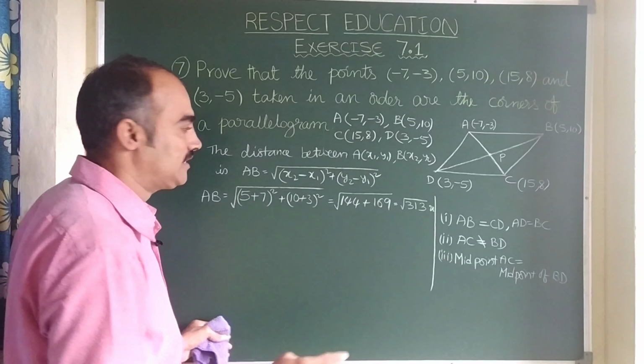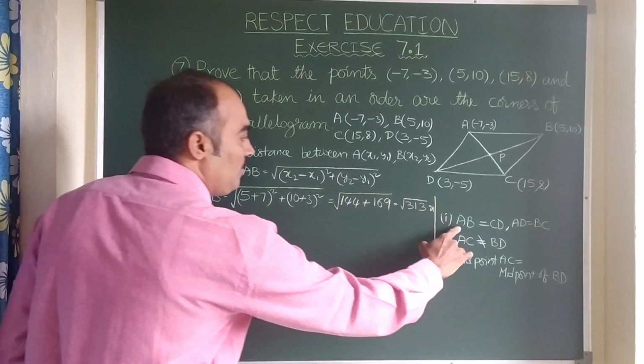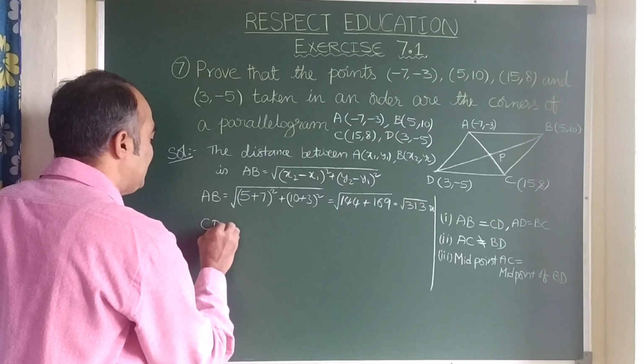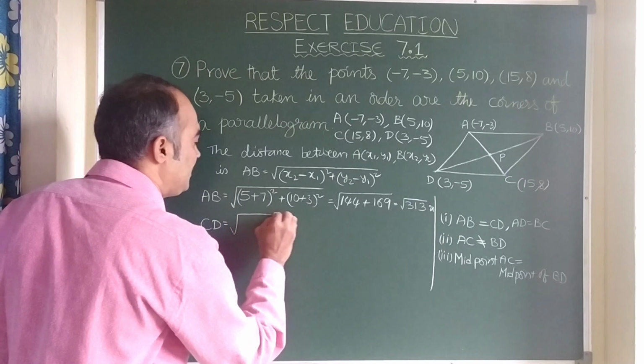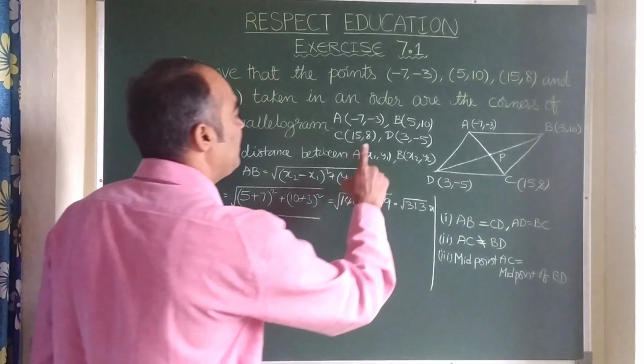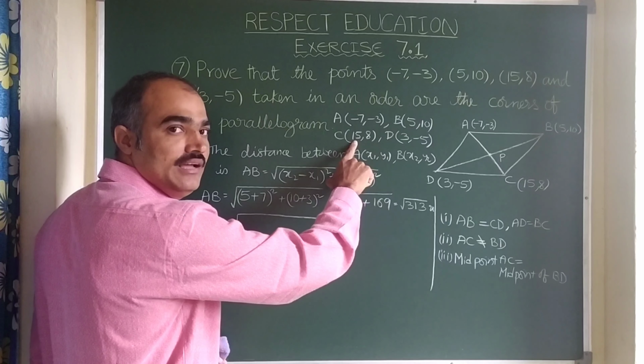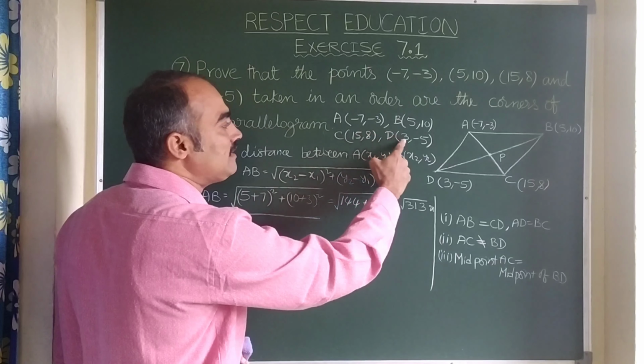It indicates units. Now AB is over. Now we need to find CD, the distance between C and D. See here, 3 minus 15, or we can write 15 minus 3 also, children.